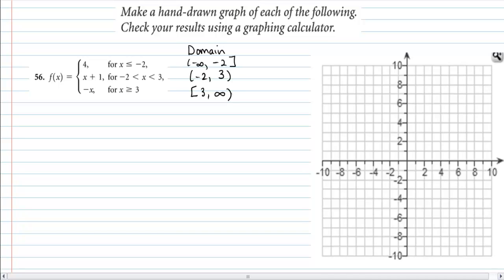In terms of graphing this piecewise function, notice that all three functions are linear. I like to label my functions. For the first function, I need to pick 2 points that are less than or equal to negative 2, and negative 2 needs to be one of them.